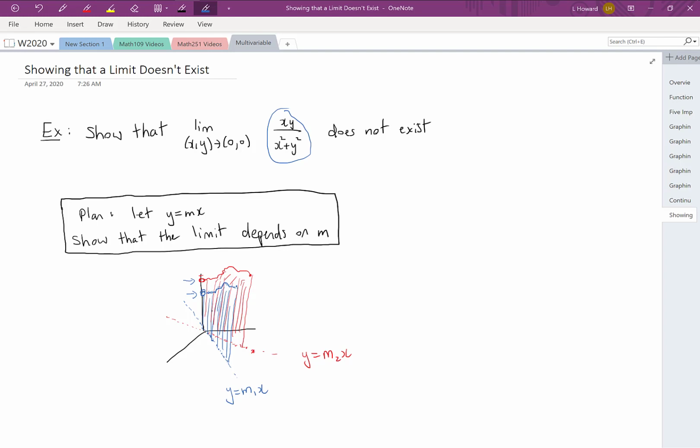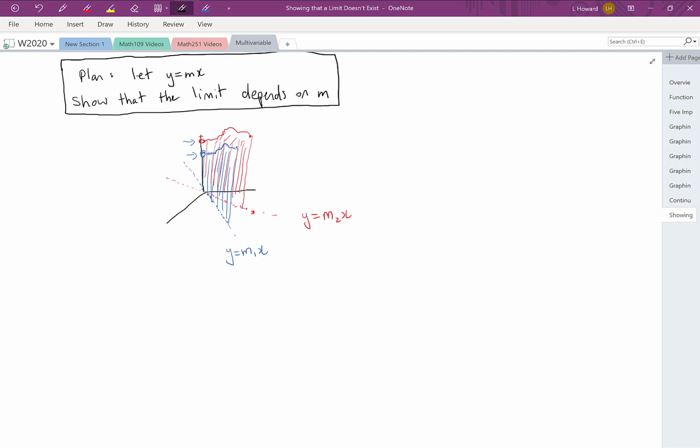Okay, let's try the algebra then. If we saw this question on a test or on an assignment, here's where we would start off. We'd say let y equal mx. Let's recopy what we're trying to calculate: the limit as (x, y) goes to (0, 0) of xy over x squared plus y squared.